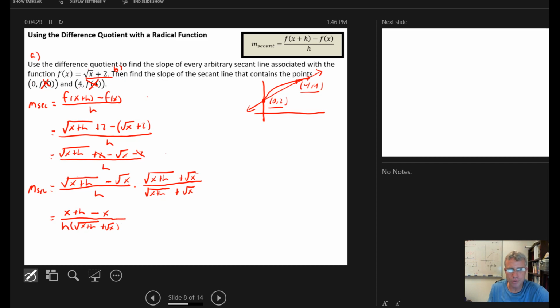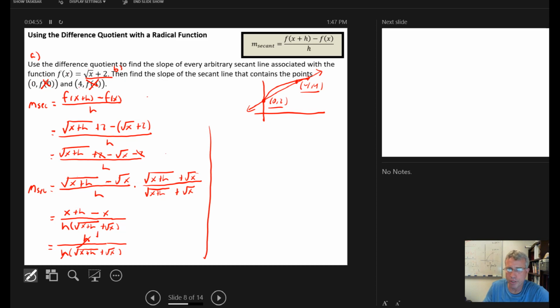And what I want to notice is that the x's in the numerator give me a 0. I get x minus x is 0, which leaves me with just an h in the numerator. So I wind up with h over h times the square root of x plus h plus the square root of x. And h divided by h equals 1 as long as h isn't equal to 0.